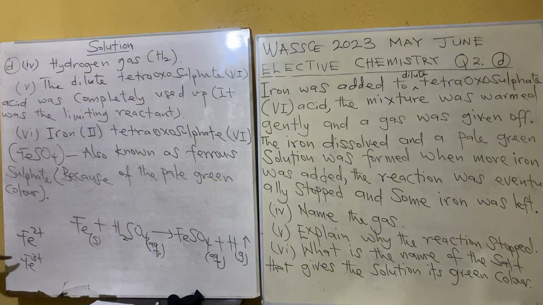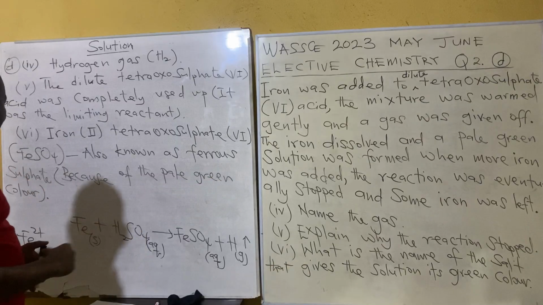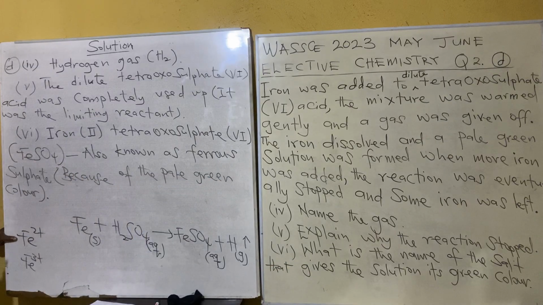When an iron 3 compound reacts with an acid, the color given is brown or yellow or amber. When an iron 2 compound reacts with an acid, the color is light green. So in this case, light green color resulted. So it tells you that the iron 2 compound was formed.